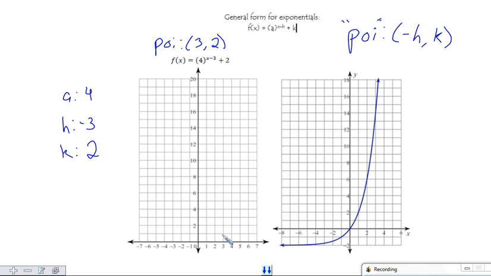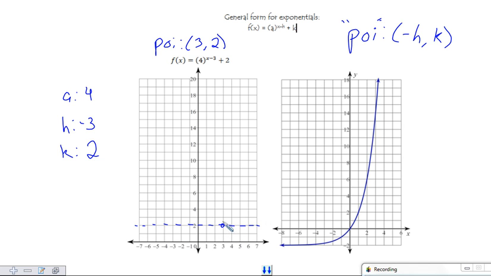So we're going to go to +3, 2, and we're going to put an open circle, because exponentials are weird and different, okay? And we're going to put an asymptote right here, okay? Every single time, guaranteed, from this dot, you're going to have a horizontal asymptote right there.